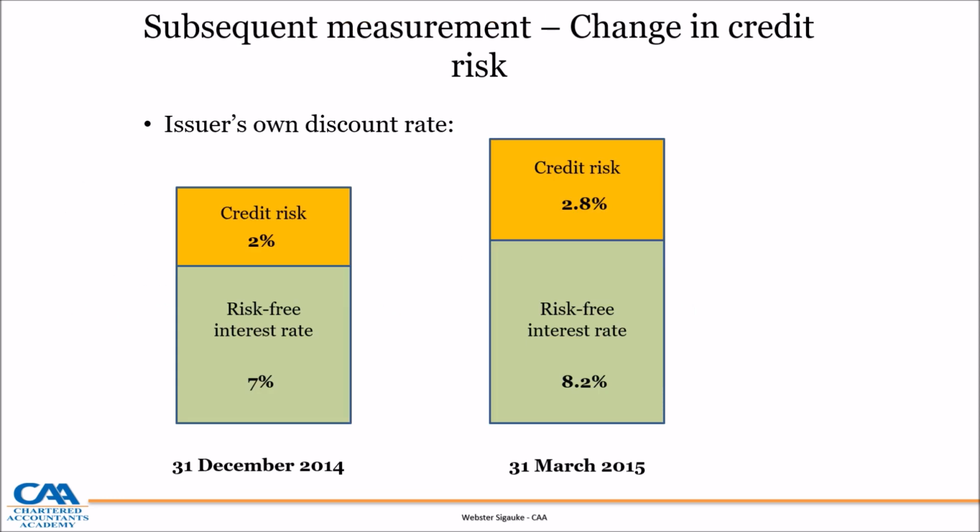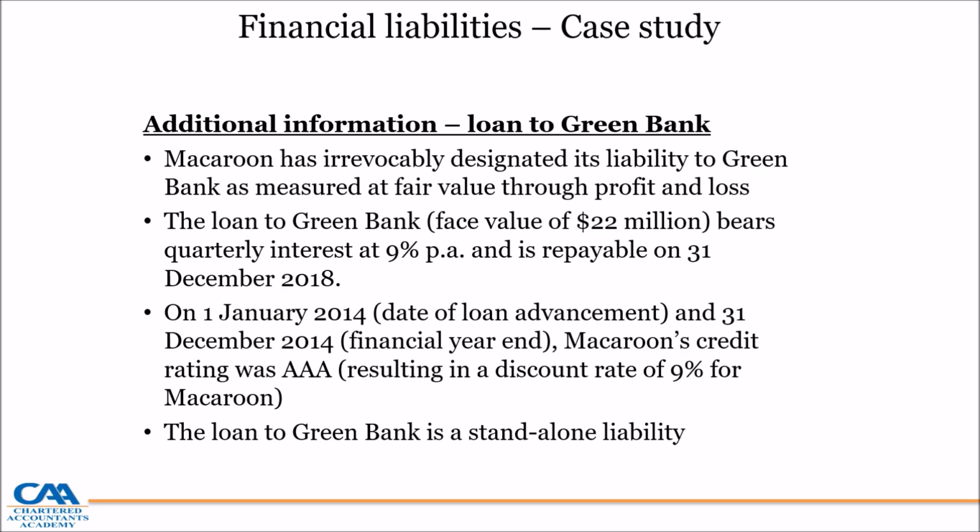With your liability, there's an issue of changing credit risk. So when you're measuring your liability, you need to separate any change in the discount rate of the issuer due to credit risk from just a change in the interest rate, because these are going to be treated separately.